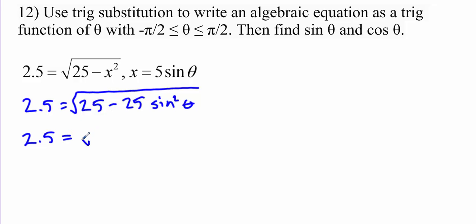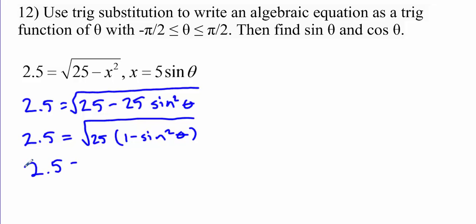Let's factor within that radical. We'll have 25 times 1 minus sine squared theta. This 1 minus sine squared theta is the kind of thing we're looking for, because now look at this. 2.5 is equal to, well, that's the square root of 25 cosine squared theta.